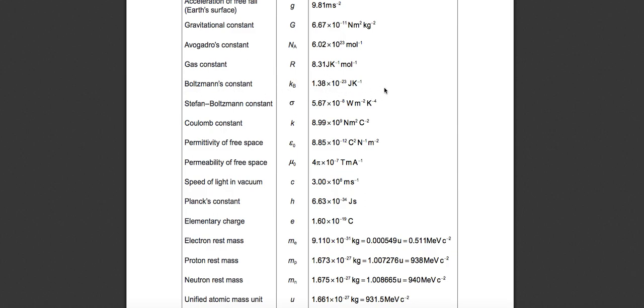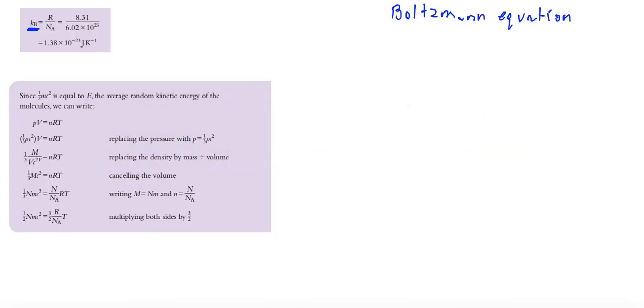It's here. Okay, and what is a Boltzmann equation? Boltzmann equation links average kinetic energy of the molecule of a gas, yes, with temperature, absolute temperature in kelvins. You know from middle school that when there is a higher temperature, then molecules of the gas move faster.